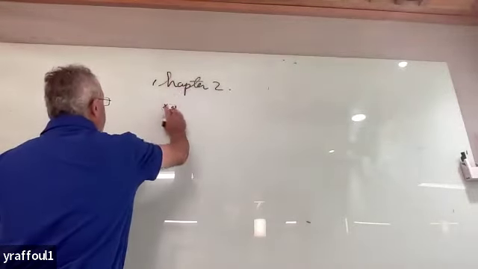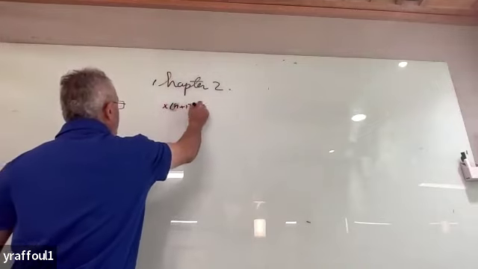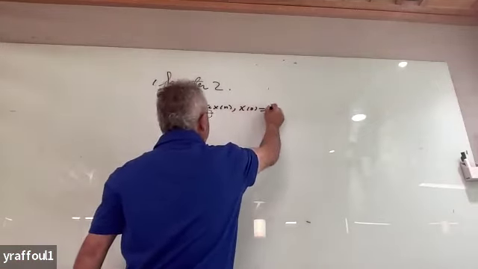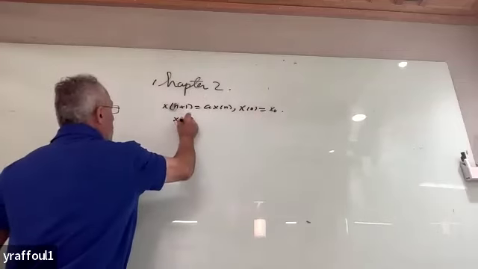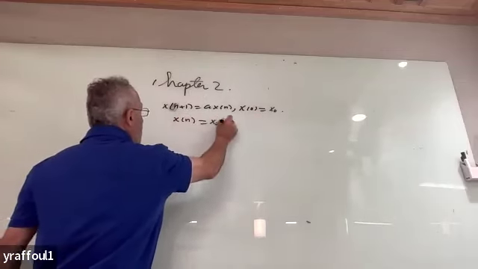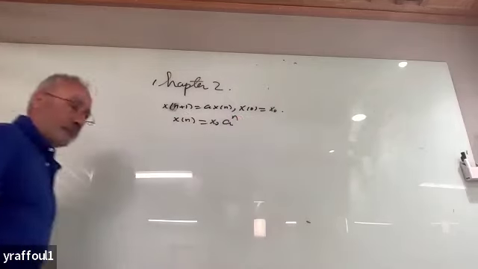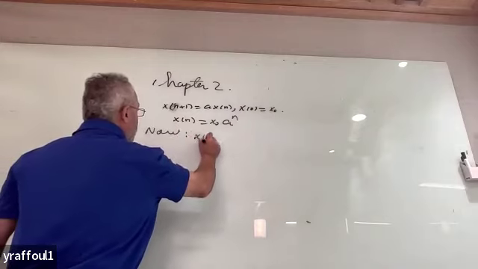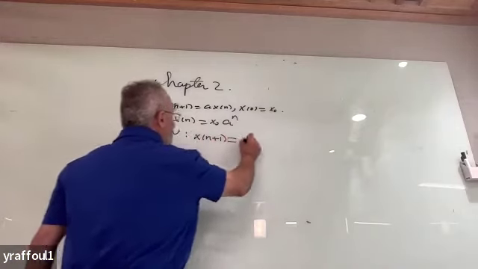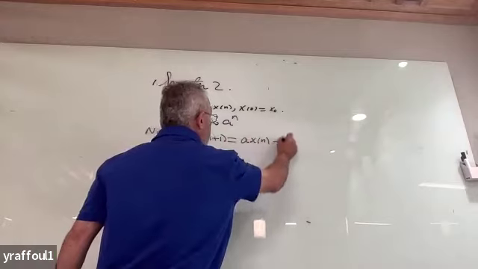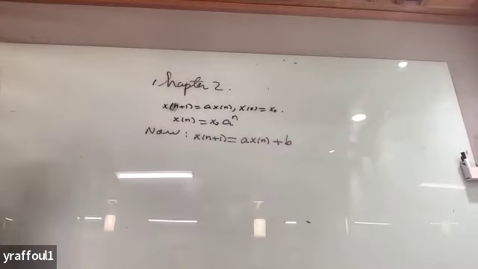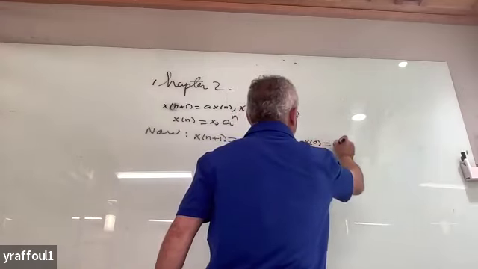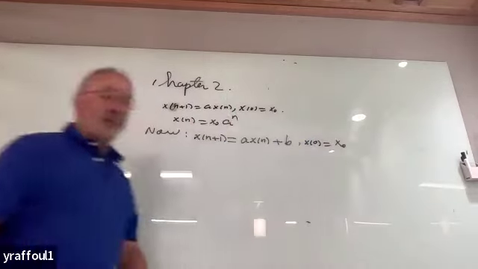Before, we looked at xn plus 1 equal a xn with x0 equal x naught, and the solution is xn equal x naught a to the power n. Now, we want to look at xn plus 1 equal a xn plus some constant b, with x0 equal x naught.